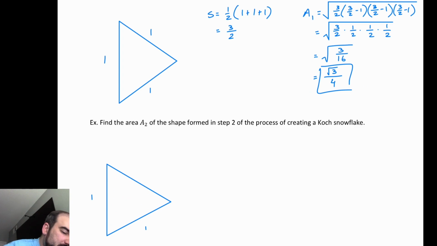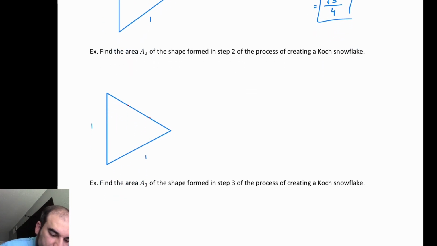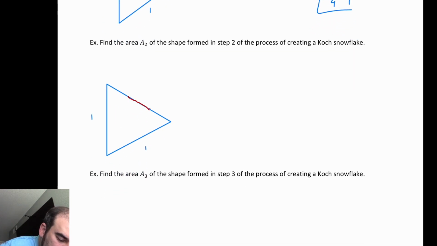Instead, what I want you to focus on is drawing, cutting this into thirds, drawing a triangle on top of that, and finding the area of this triangle.